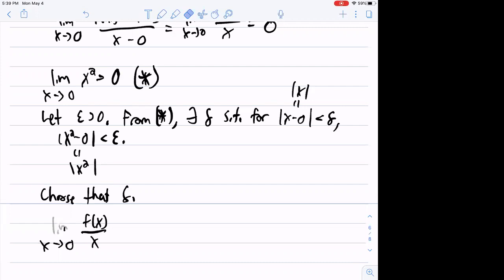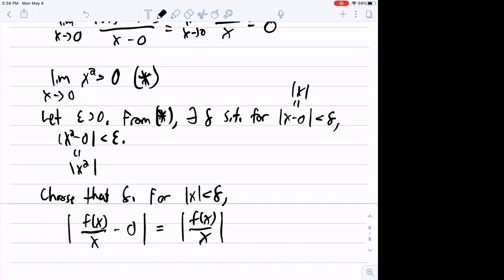Sorry, I need to put the minus 0 there. For absolute value of x less than delta, we want to show this is smaller than epsilon, right? So this is f of x over x.